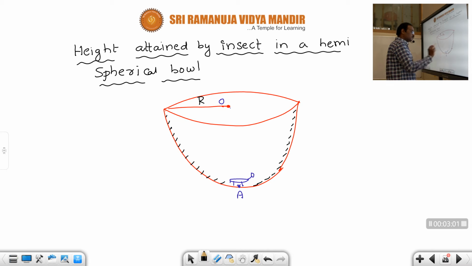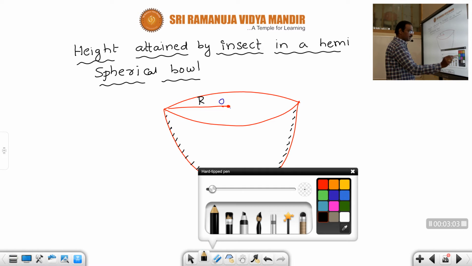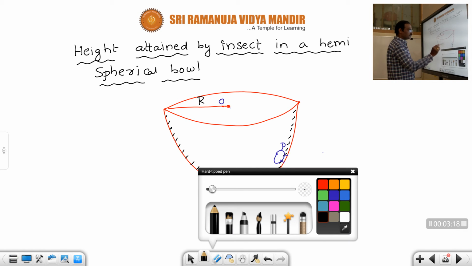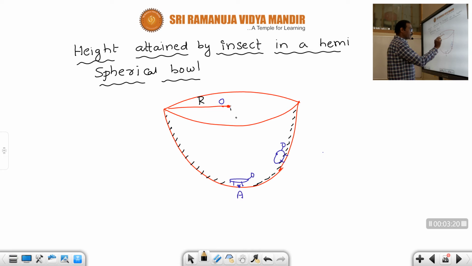Now this insect has moved up to here. This is the position of the insect. How much height has it raised? To show the height raised, simply draw the vertical, the normal.